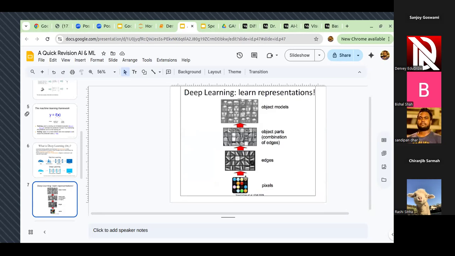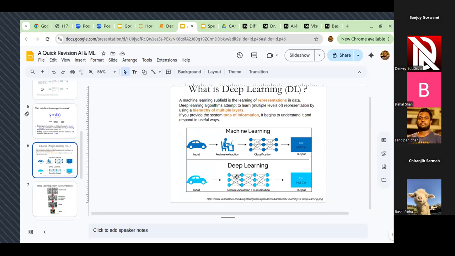As I already mentioned, in deep learning, given the input, we don't need to extract any specific feature from the input. Rather, we directly feed the input to the model. The model, using different filters, tries to extract all probable features and map the input to the corresponding output.